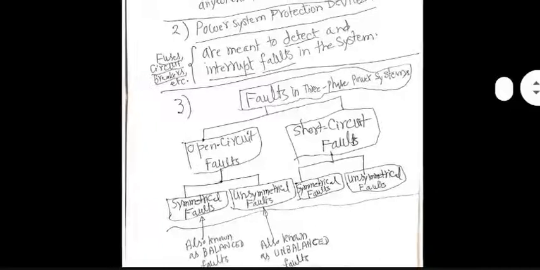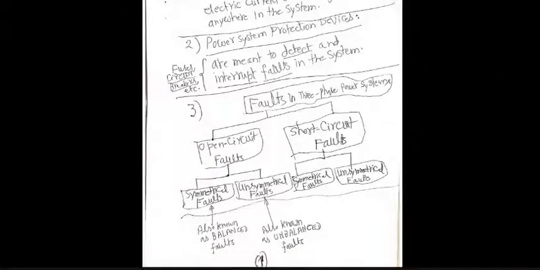So remember that power system faults are either open circuits or short circuits, and then they can be symmetric or unsymmetric. Even in single phase systems, something similar would apply.